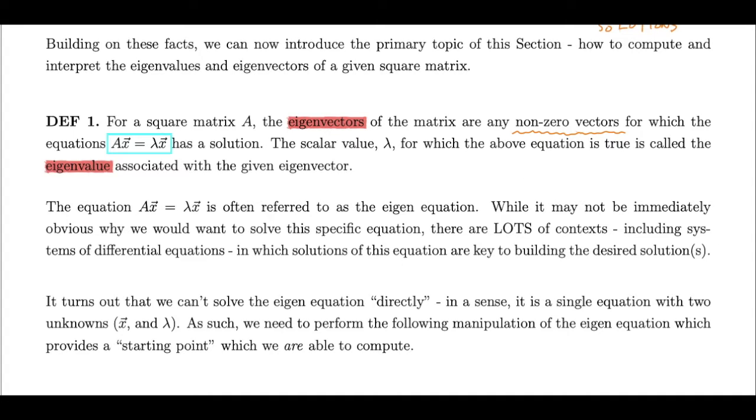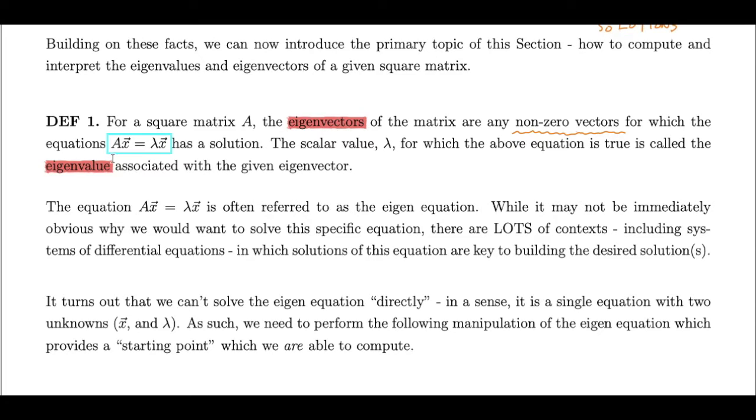And as I pointed out, it's not clear yet why I want to solve this specific equation, but it will be clear hopefully soon. But as it turns out, this equation is difficult to solve directly. You can take the perspective that x is an unknown vector. I don't know what that vector is. At the same time, I don't know what lambda is.